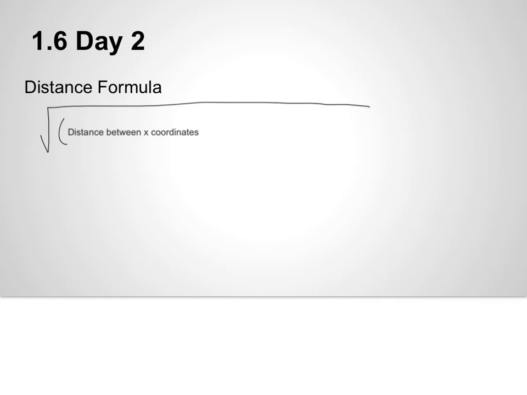We're going to start out with the distance between the x-coordinates, so the horizontal distance between our 2 points, and that's going to be squared, and to that we're going to add the distance between our y-coordinates, and that's also going to get squared. And we'll extend that square root symbol all the way over at the top of everything.